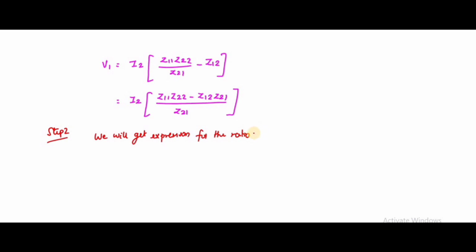So we need to find the value of I1 by V2. For that, I have to redraw the diagram by shorting V1. Step 2 is to get the expression for the ratio of the response I1 to the excitation V2 in terms of Z parameters.